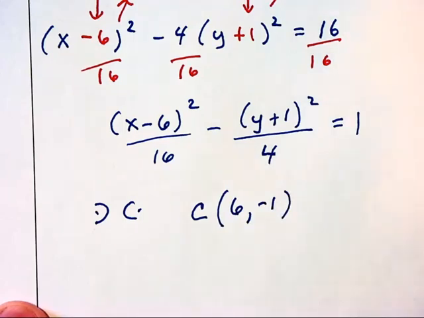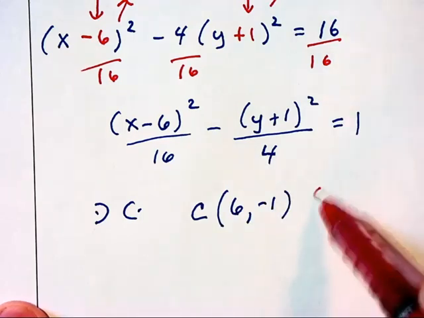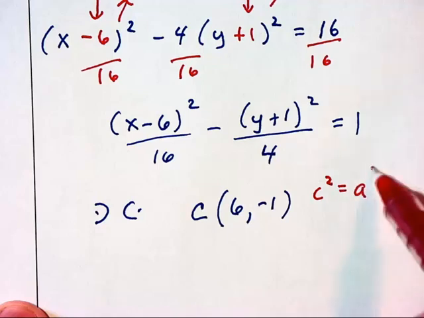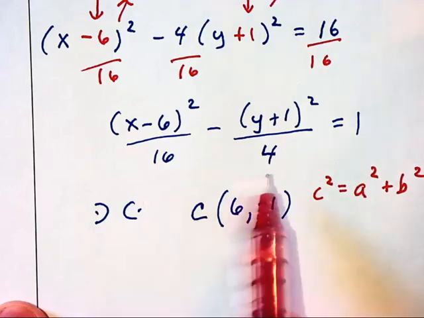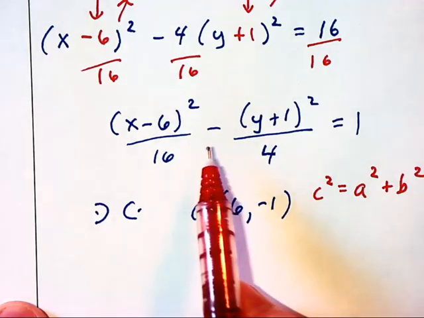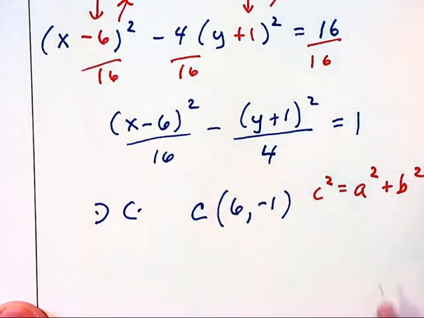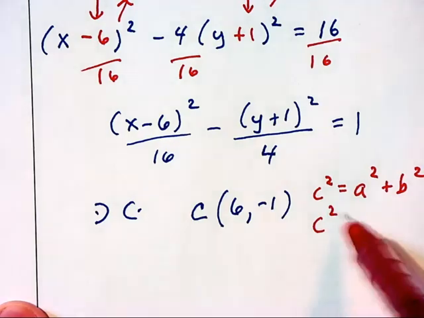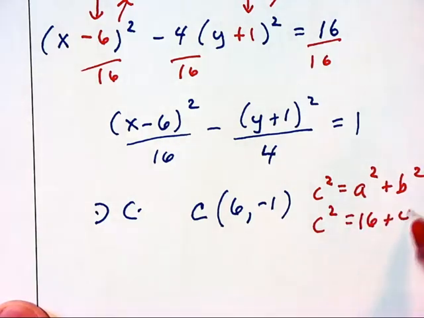The foci can be found by using the equation c squared equals a squared plus b squared. We know that we're going to add our two denominators together because there's a minus in the middle of the hyperbola, and we do the opposite. So c squared is going to equal 16 plus 4, which is 20.